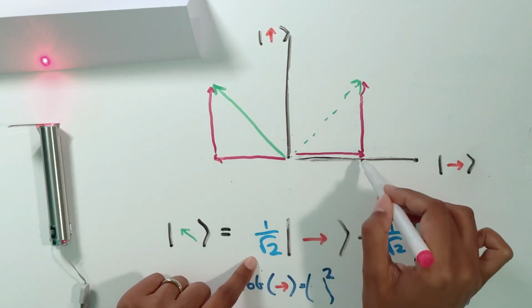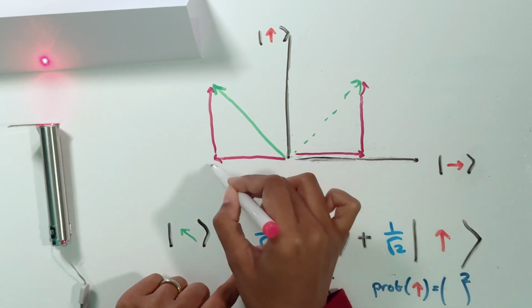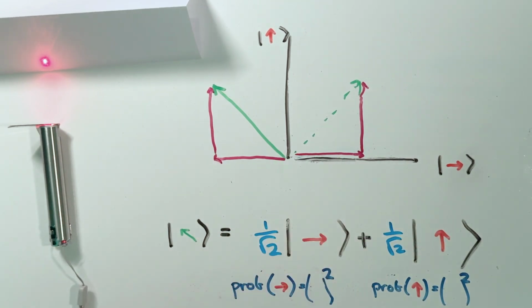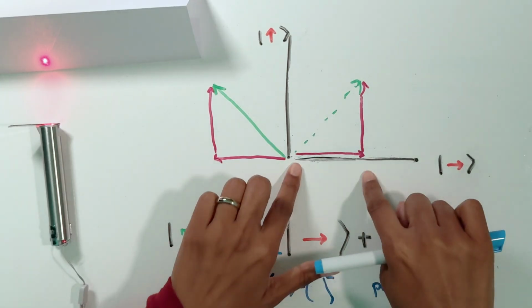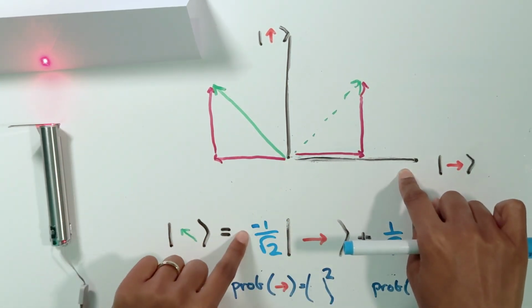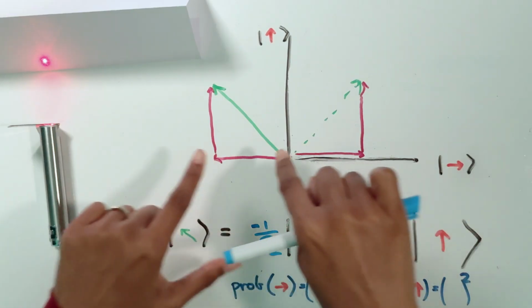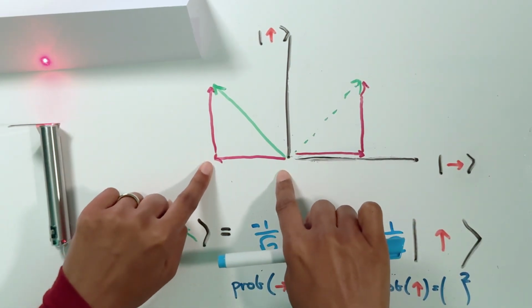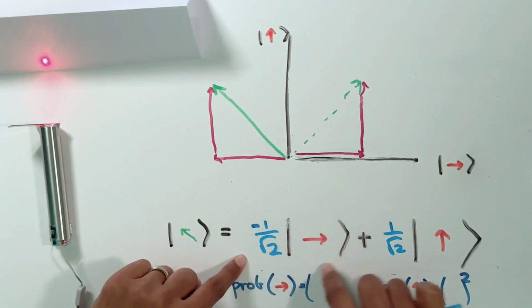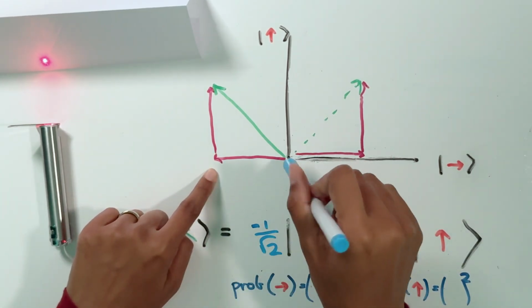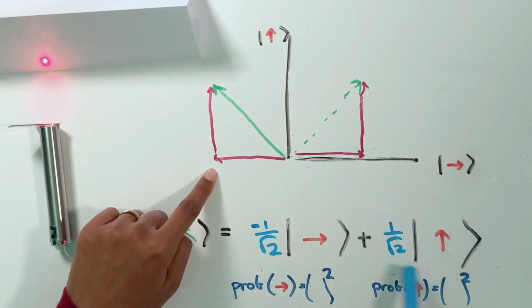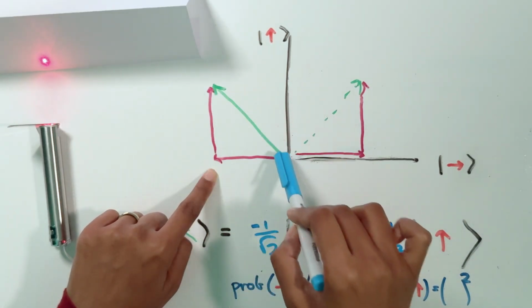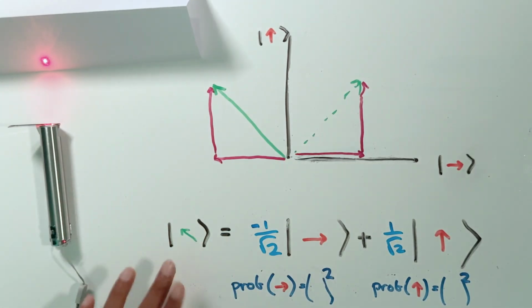Instead of going in the positive direction, we actually ended up going in the negative. And so another way to think of that is that it's like we multiplied the original vector by a negative number. So this vector times -1 is there instead. And so when you add this, which is this, and then you add that, you end up at the vector that you wanted. And so this is how we represent this state.